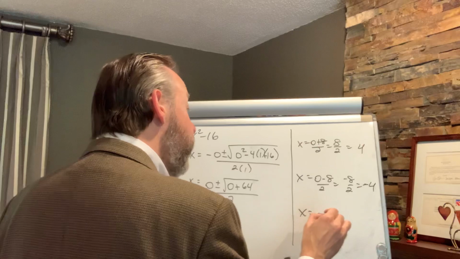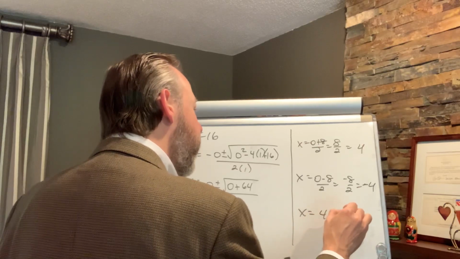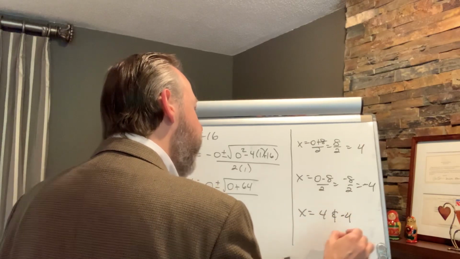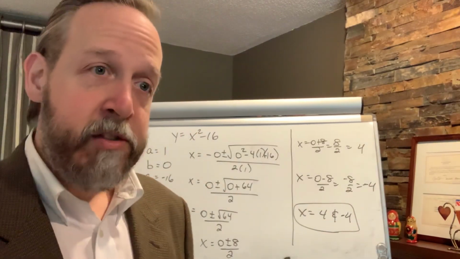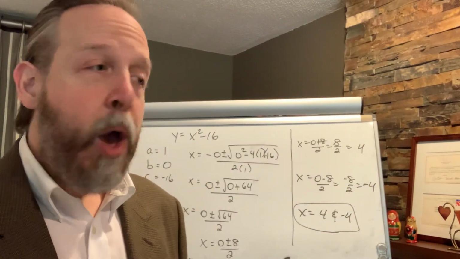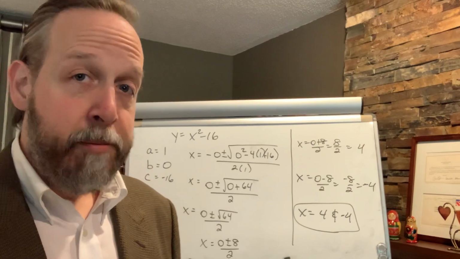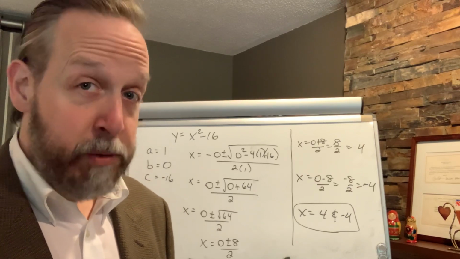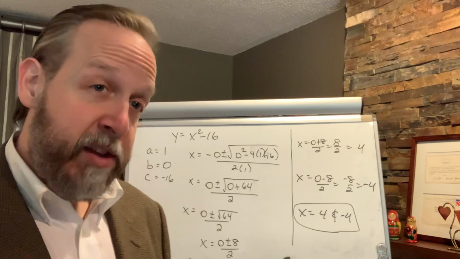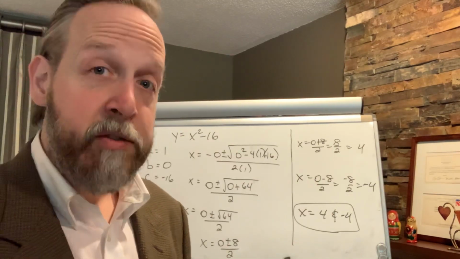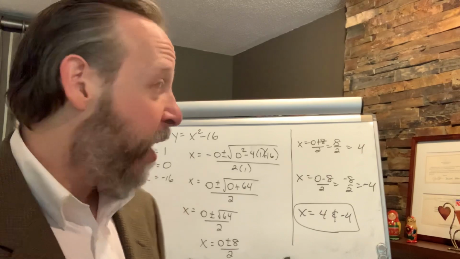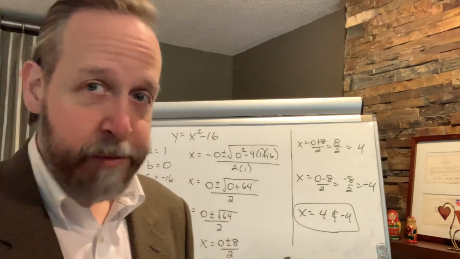So my solutions are 4 and negative 4. All right? Nice and easy. Two solutions. Now this time it was 4 and negative 4. Whenever the b term is missing, the solutions, when you find them, will be plus and minus the same value, 4 and negative 4, 3 and negative 3, whatever it is. That's what happens when you've got the b term missing.